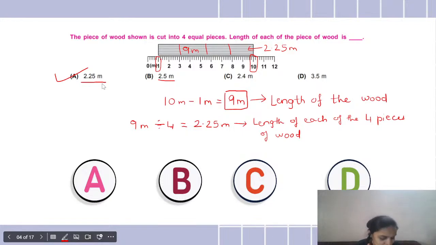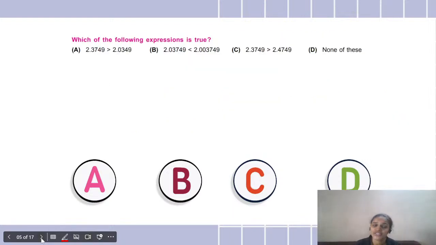Okay, all right Satish, so after me explaining, you found out that option A is the correct answer. No worries. So yes, option A, 2.25 meter is the correct answer. How do I get it? I divide 9 by 4 and I get 2.25. Okay, I hope it's clear. All right, let's move on to the next question.